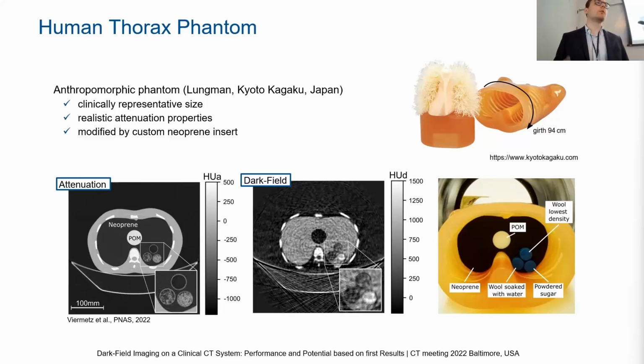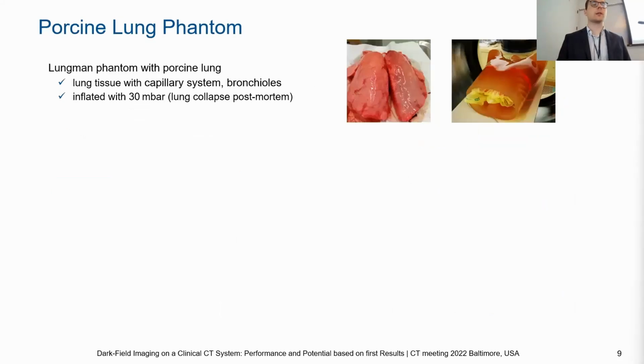Now, to improve the realism of these measurements further, we also started to use biological tissue. So what we did here was we used a pig lung from an obviously deceased pig. And because the lung collapses on the death of the pig, we had to reinflate the lung with some pressurized air.